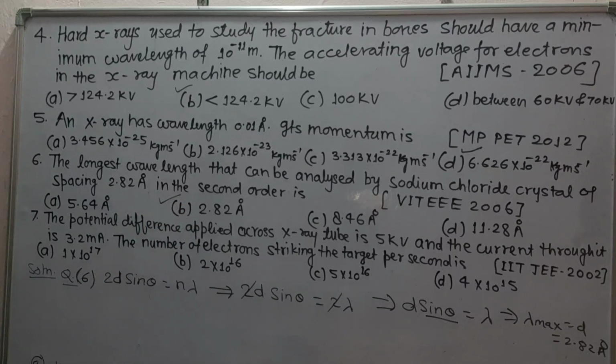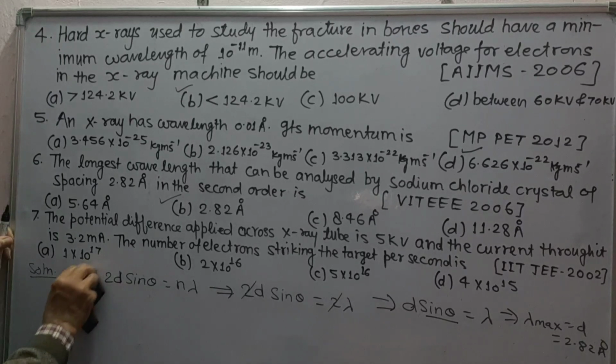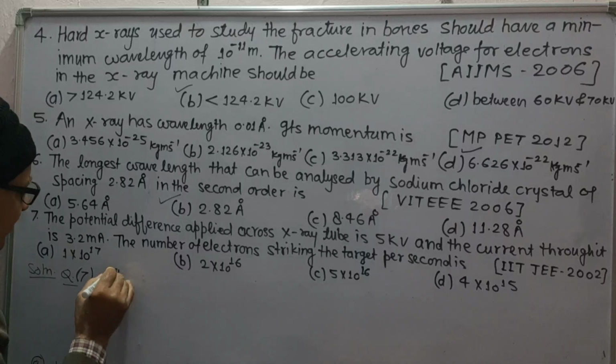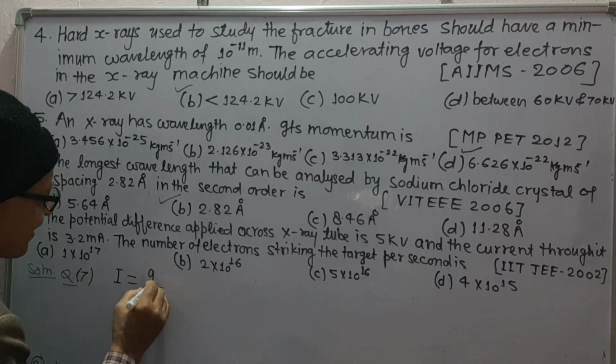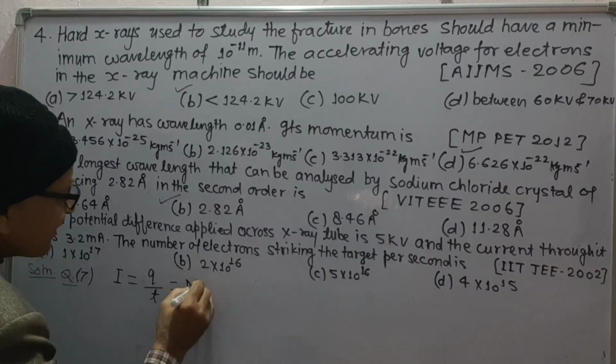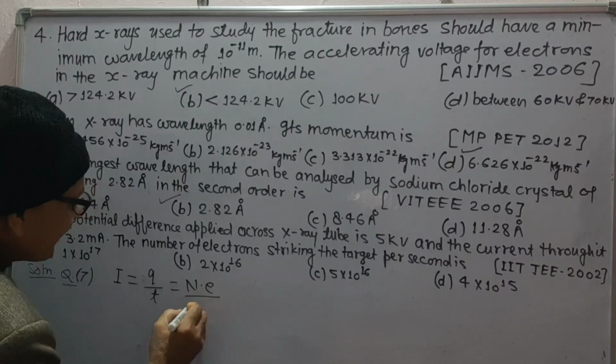Next question number 7. The question is the potential difference applied across X-ray tube is 5 kilovolt and the current through it is 3.2 milliampere. The number of electrons striking the target per second is. Now solution to question 7. We know current I is equal to charge flowing per unit time and charge is N into electronic charge.